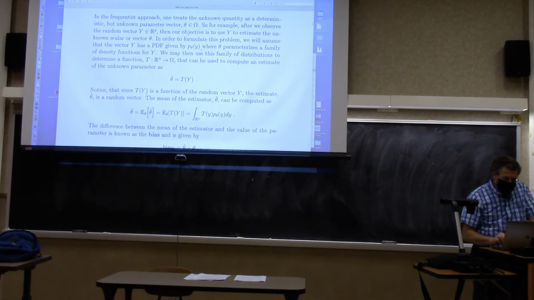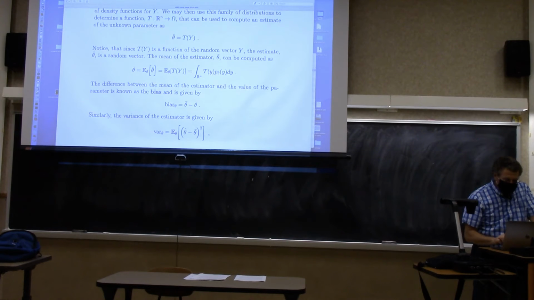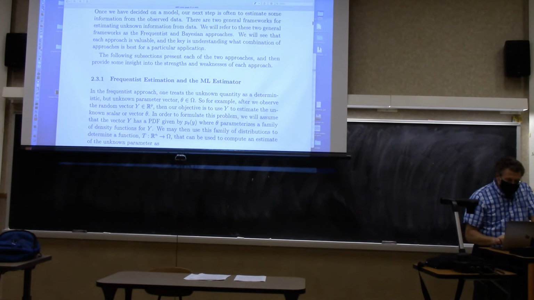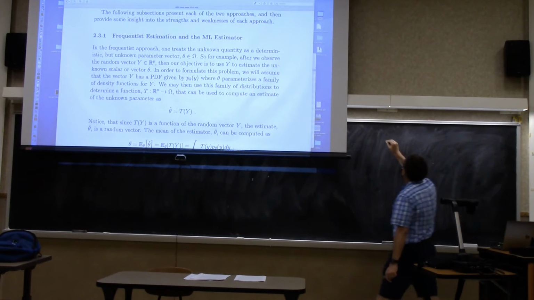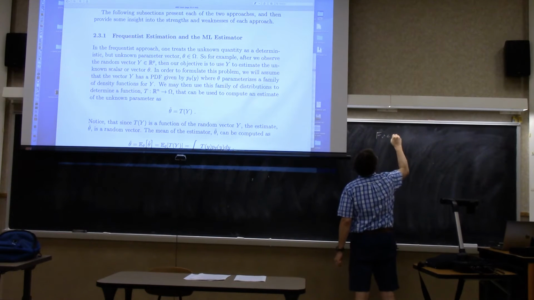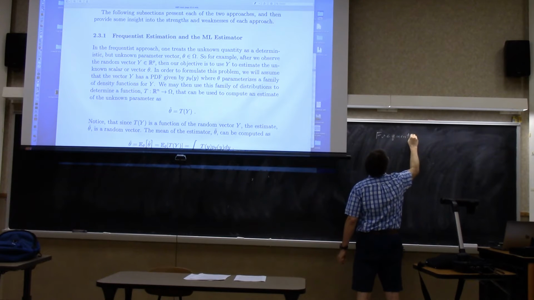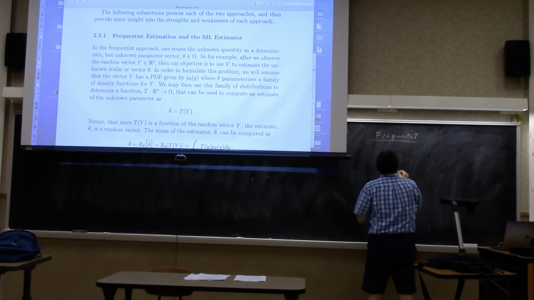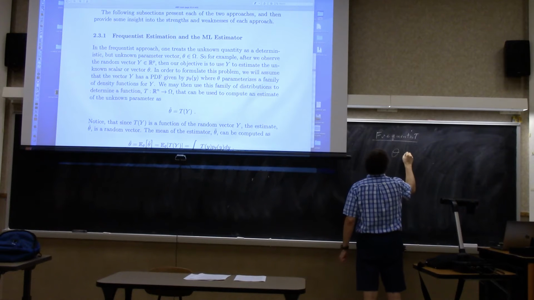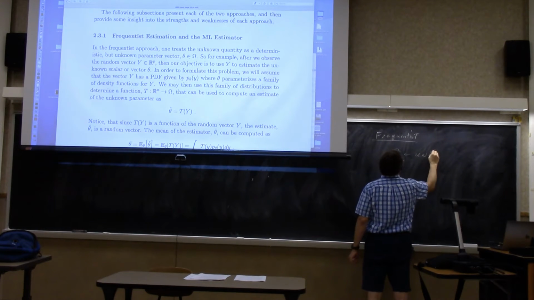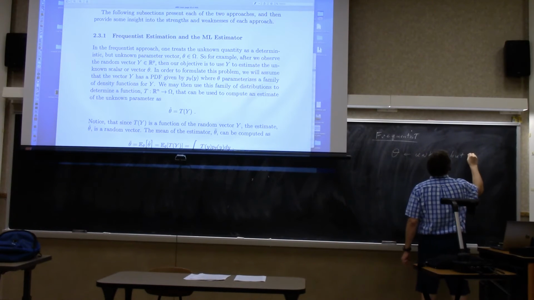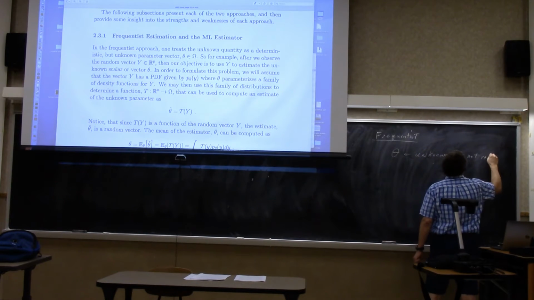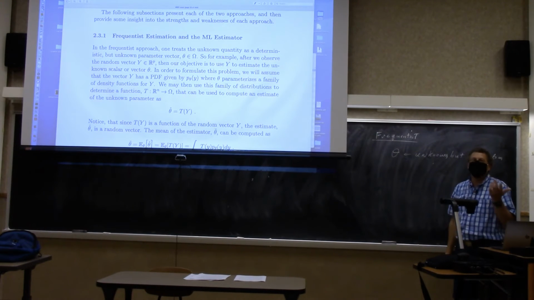And then in the Frequentist framework, you have an unknown theta, unknown but not random. Okay, it's not random. It's just unknown.